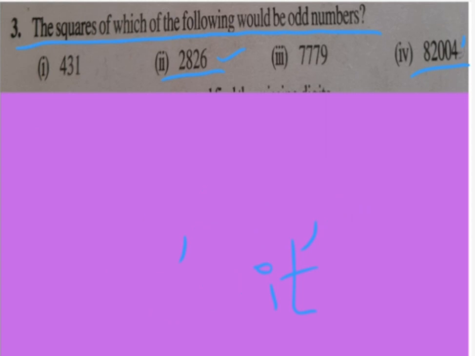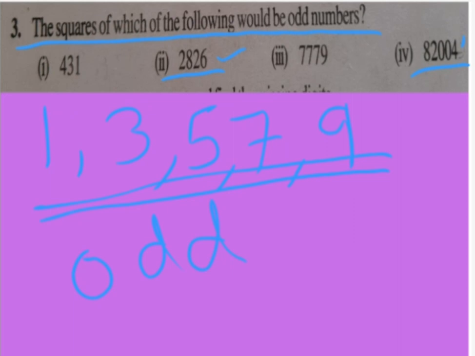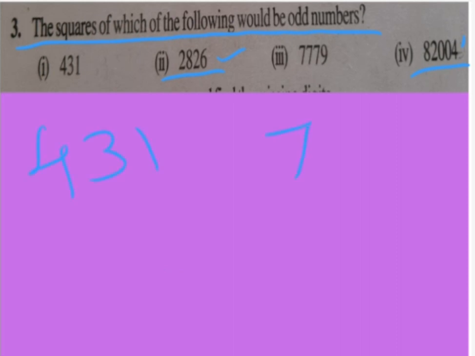Then what are odd numbers? Odd numbers means numbers ending with 1, 3, 5, 7 and 9. If you have any of these 5 digits in the unit place of any number, then that number will be considered an odd number. In the given 4 examples, we have two odd numbers, 431 and 7779.